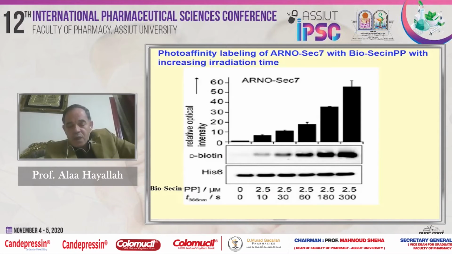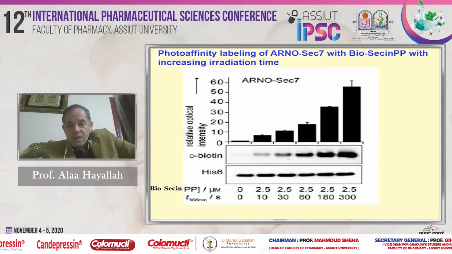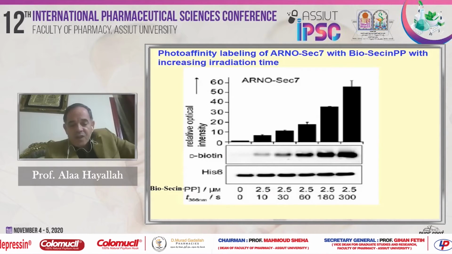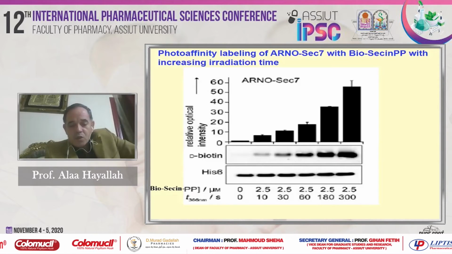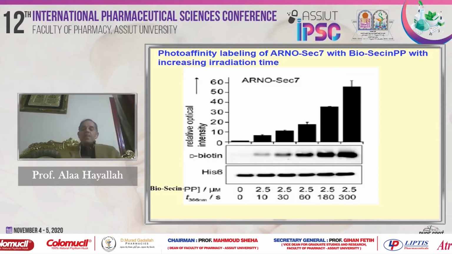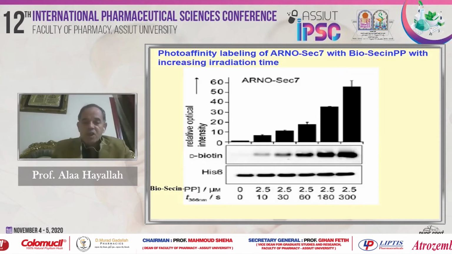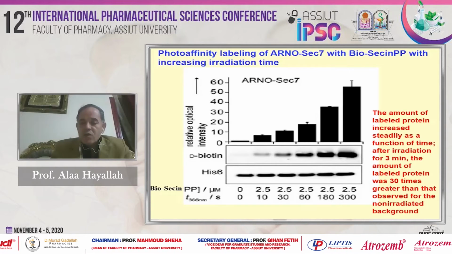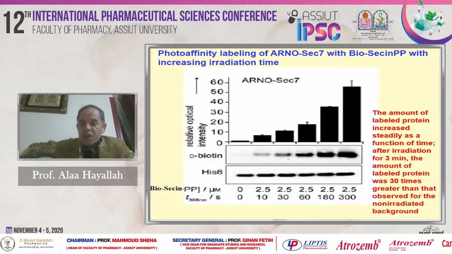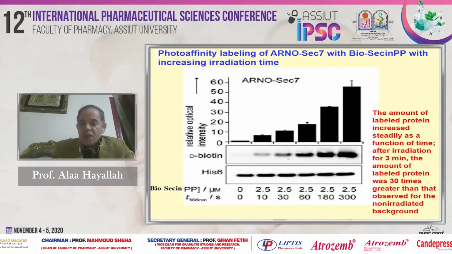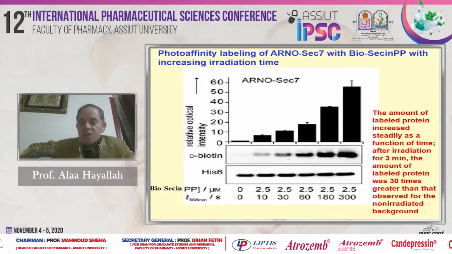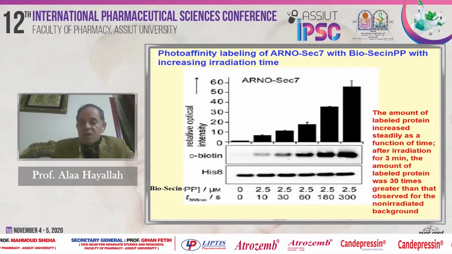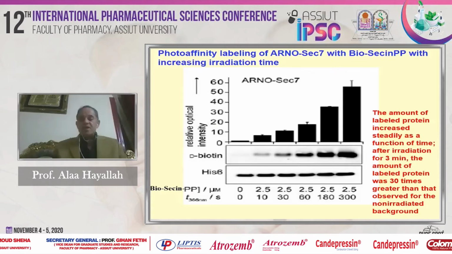If we increase the irradiation time, the photo labeling is increased, and we fixed the concentration in all cases at 2.5. So the optimum irradiation time for labeling is 3 minutes. After that, the amount of labeled protein increased steadily as a function of time.